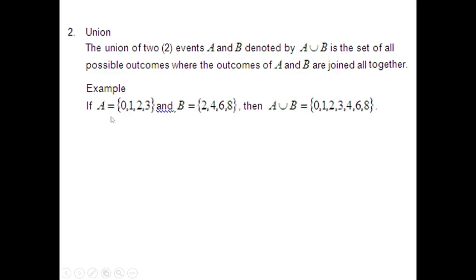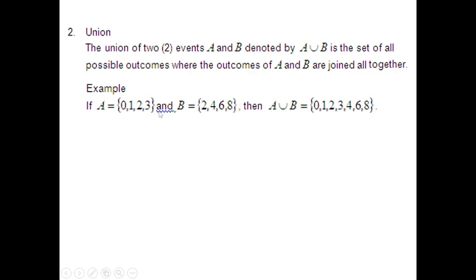If A is the set having the outcomes 0, 1, 2, and 3, and B is the event having the outcomes 2, 4, 6, 8, and we are to obtain the union of the two events A and B, we just write all the outcomes of the two events.